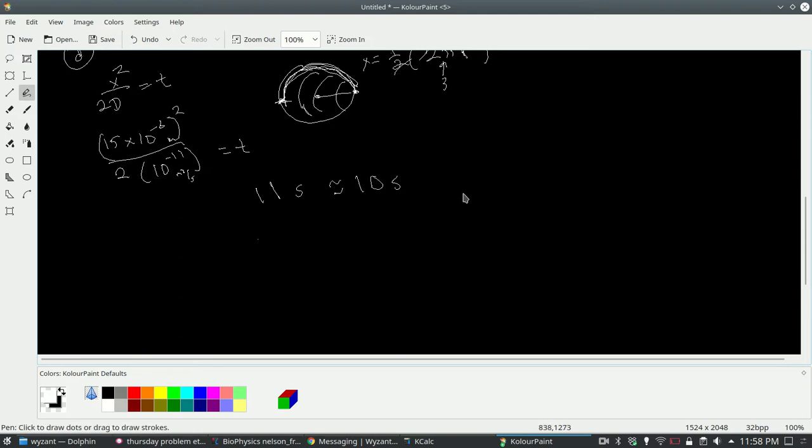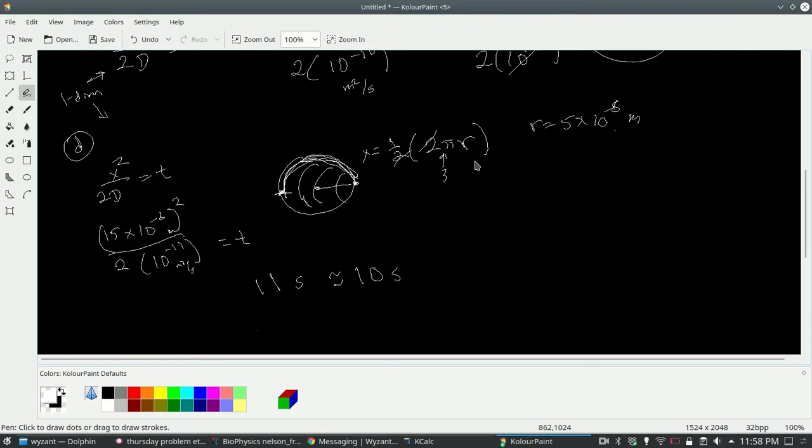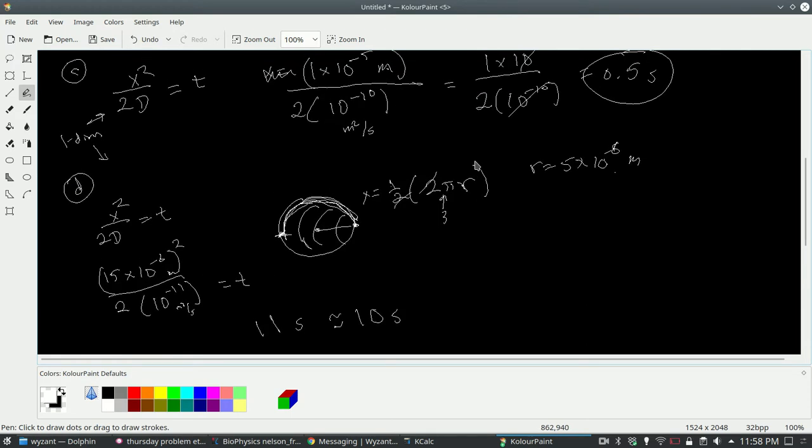All right? So that 10 seconds, that's a lot more than half of a second. That's how many times more? 50 times more? No, 20 times more? Yeah, that's 20 times more. So that is 20 times longer. So it takes a membrane protein 20 times longer to get from one end of the cell to the other end of the cell than it does for a cytoplasm protein to get from one end of the cell to the other end of the cell.